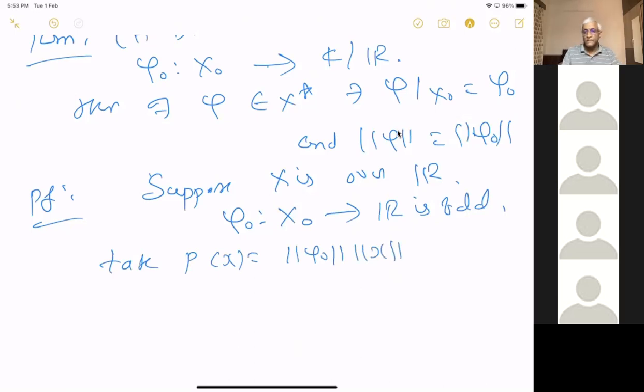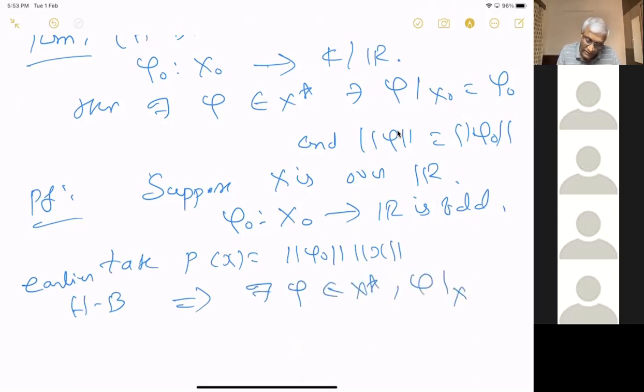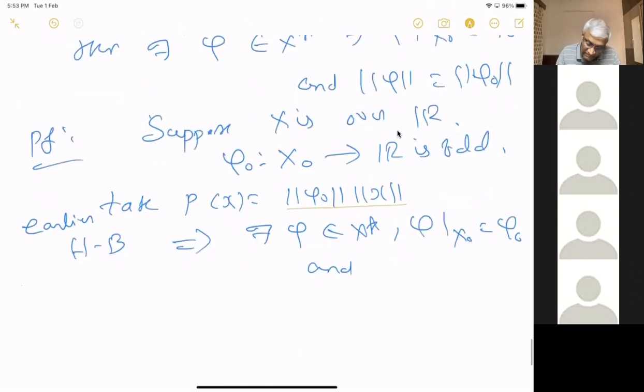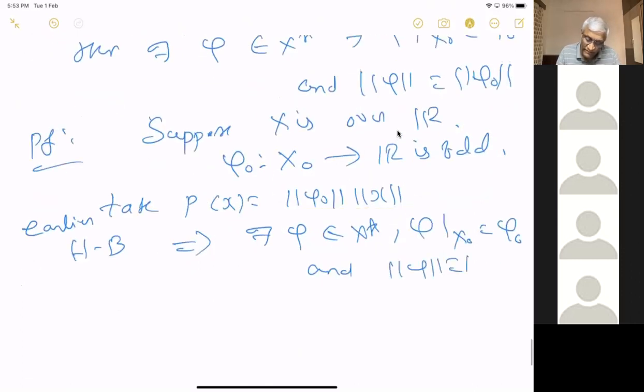Then you apply the earlier Hahn-Banach theorem. The earlier Hahn-Banach theorem will imply there exists a phi in X star such that phi restricted to X naught equals phi naught, and it is still dominated by that function. Which will imply that norm phi equals norm phi naught.